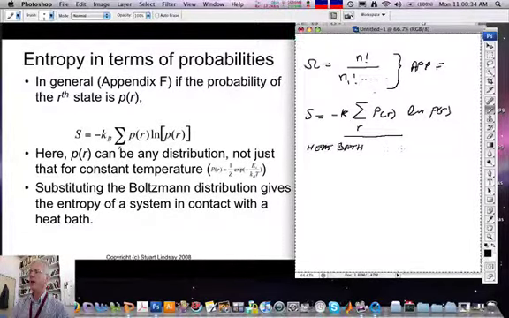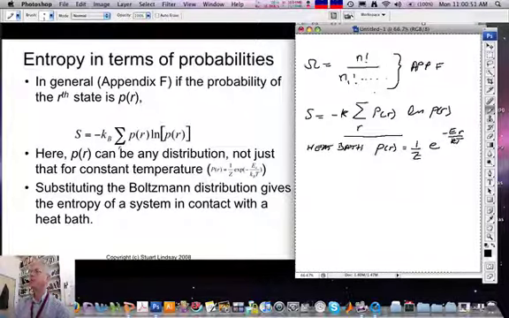Now, we are at a temperature T. Then, of course, we can use the Boltzmann result, which says that the probability of finding a system in energy ER is 1 over the partition function, that's the normalization constant, e to the minus ER over kT.